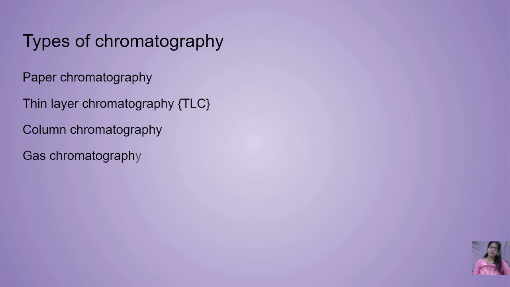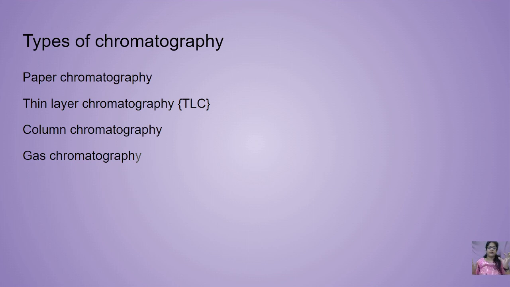Paper chromatography mainly uses Whatman's No. 1 filter paper, which is made up of alpha cellulose and beta cellulose. The stationary phase in paper chromatography is the water present inside the pores of that paper, and the solvent that we use acts as the mobile phase.